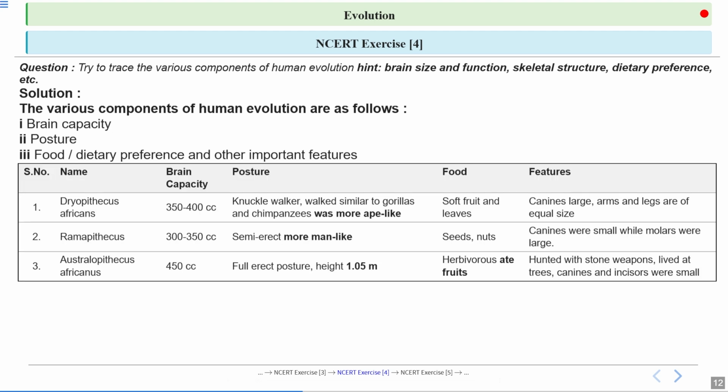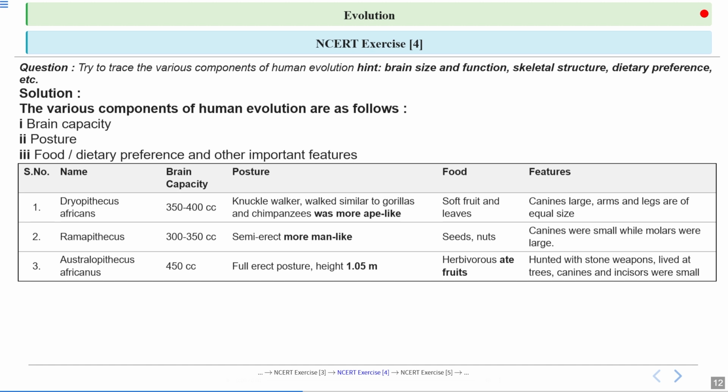So this is a table that shows how humans have evolved. It also shows the brain capacity in the different forms of humans. They're telling about the posture, food, and some other features.